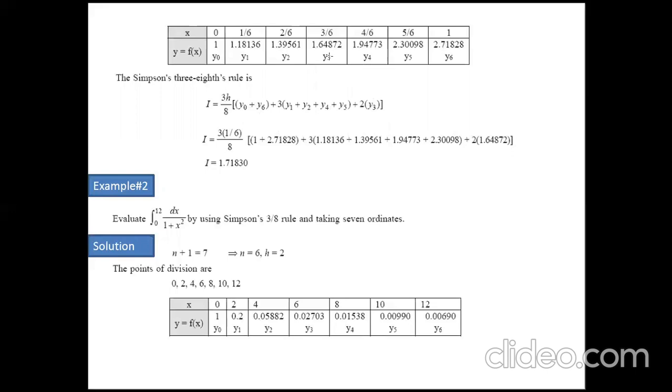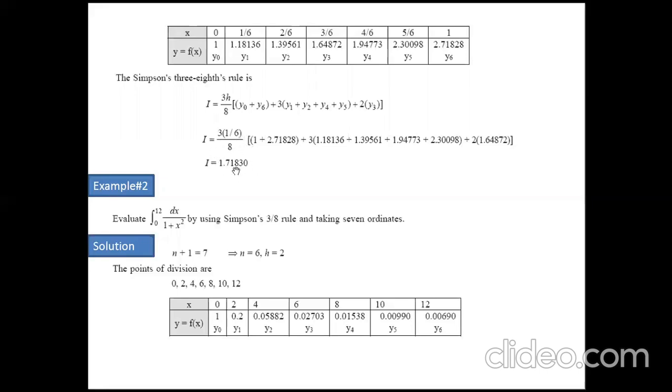Okay, because next will be y6, but y6 is the last term, so it is appearing here. So there is only one term which is multiplied with 2, and the rest of the terms will be multiplied with 3, and those are y1, y2, y4, y5. Okay, now you have to put these values and use the calculator carefully, and you will get this result.